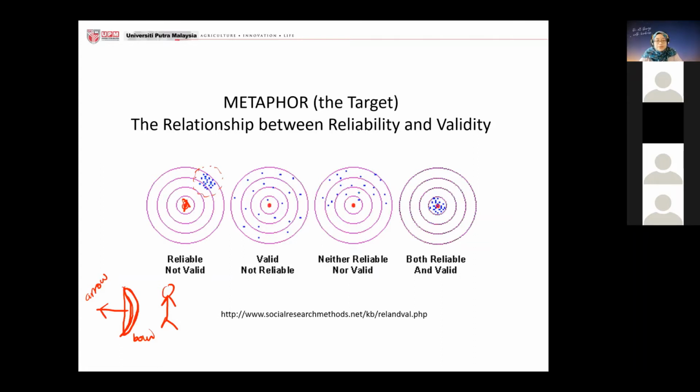So it's reliable because it's close together, but it's not valid. This might be some issue with the tuning or whatever. And then here, it's valid because it's dispersed around the target.